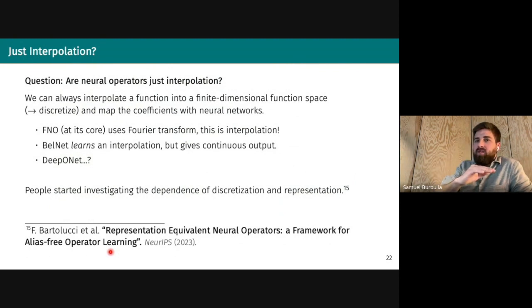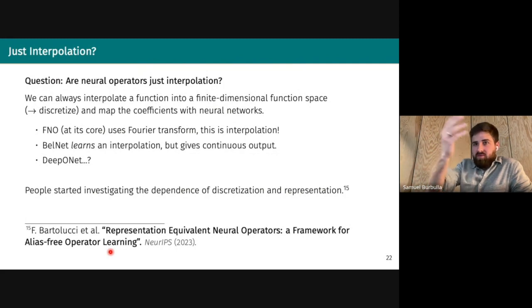And then you have a finite list of coefficients, which you could map with a neural network. And Fourier neural operators, at least at their core, use the Fourier transform. So this is basically interpolation. You just interpolate to another space, then you have some parameterization of these parameters, and then you map back.